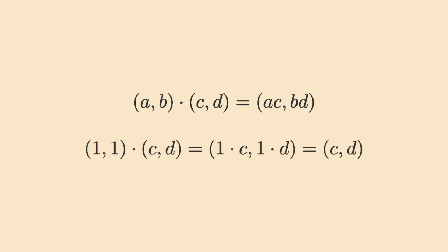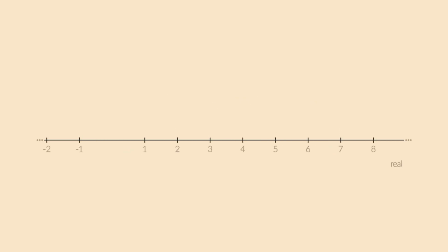But here we hit a snag. The identity element for this new multiplication is the number (1, 1). That's cute, but it isn't what we want. We want to extend the real numbers, where the identity element is the number 1 here, not this other number here.